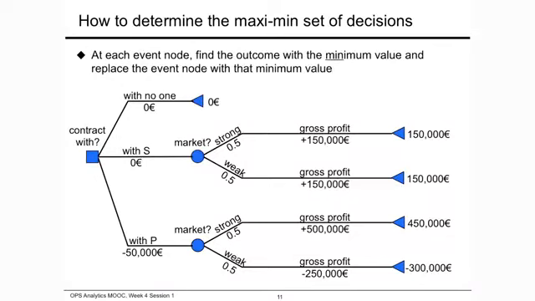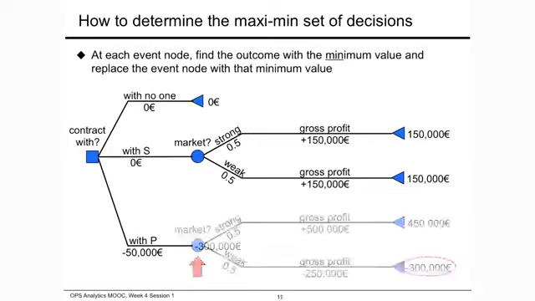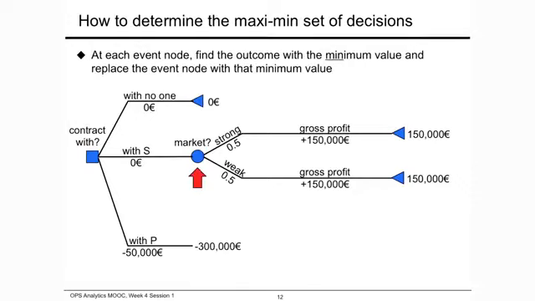If we look down at the bottom, we can see when the market is weak or strong for supplier P, the worst outcome is when the market is weak and IDEA loses 300,000 euros. So we'll replace that event node with the 300,000 loss. Moving up now to supplier S, if the market is weak or the market is strong, IDEA always earns 150,000 euros. So in this case, the minimum and the maximum value are both 150,000.